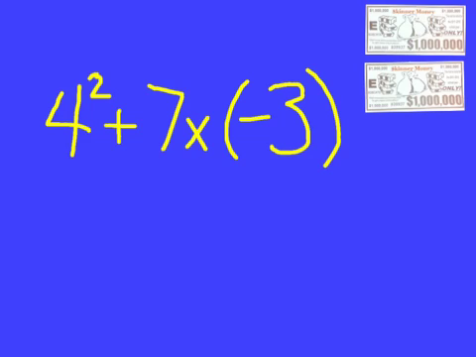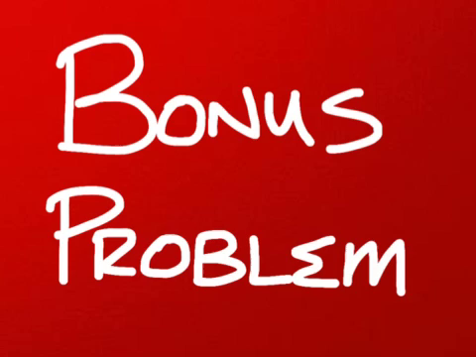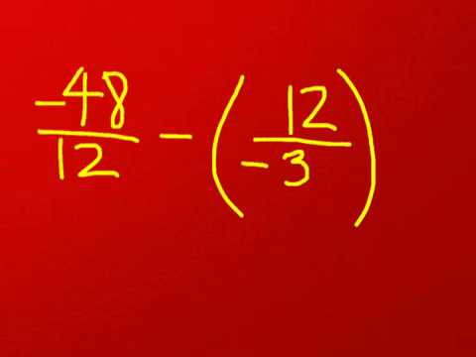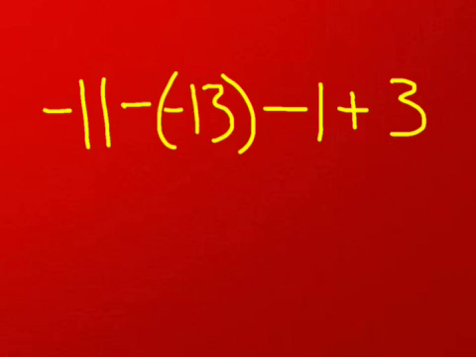Practice problem number 1. 4 squared will be 16. 7 times negative 3 is going to be negative 21. And 16 plus negative 21 will give us a negative 5. Answer for that one was 0. Answer for that one was 4.